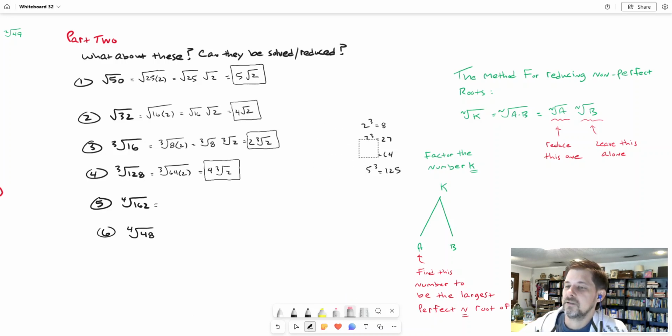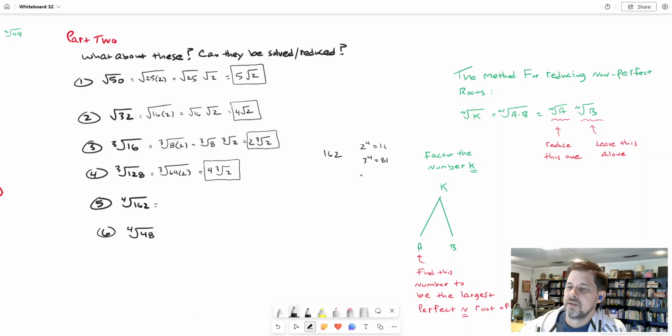All right, so my strategy. I'm going to look at the number 162. I'm going to try to factor it with the largest fourth root, the perfect fourth root that I can. Okay, so what are perfect fourth roots? 2 to the fourth power, that's 16. 3 to the fourth power, that's 81.